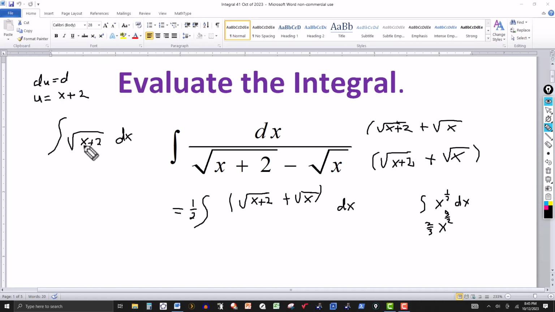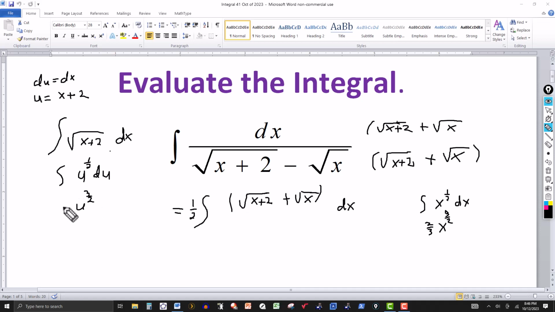So what does this give me here then? This is just the integral of x plus 2, that's your u, and it's the square root. I'm going to write it with the fractional exponent, instead of the square root, I have it to the 1/2 power. And then dx, and dx and du are the same, so this is du. Then if I integrate this, add 1 to the exponent, that'll give me 3/2.